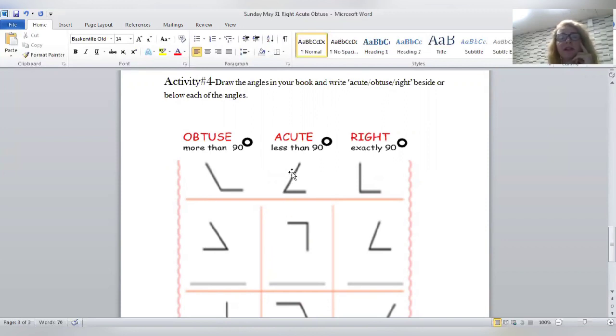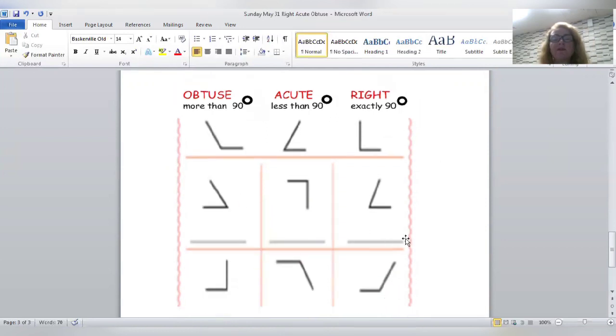This one here, clearly it's leaning forward. It's smaller than the regular L, so it's less than 90 degrees. We're going to call that one acute. And lastly, of course, we recognize the L, which is our right angle, exactly 90 degrees. So you have 6 of them there. Write it anywhere beside the angle, below, beside, wherever you have space, and label them obtuse, acute, and right angle.